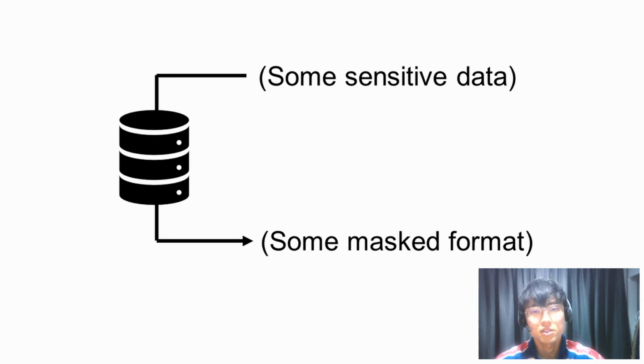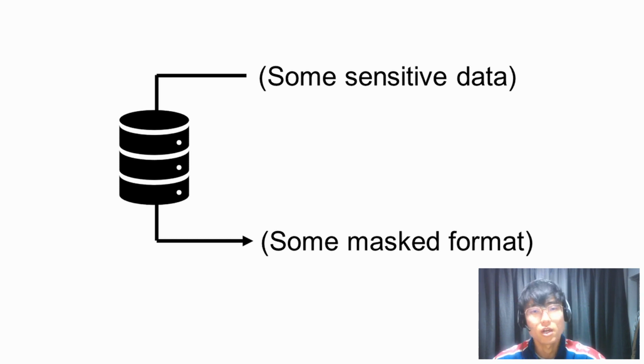Maybe I'll have access to the name, but maybe not their phone number. The phone number column will be masked, their email will be masked, as well as maybe their bank balance will be masked for me as well. But someone like their finance advisor will have access to all of it.